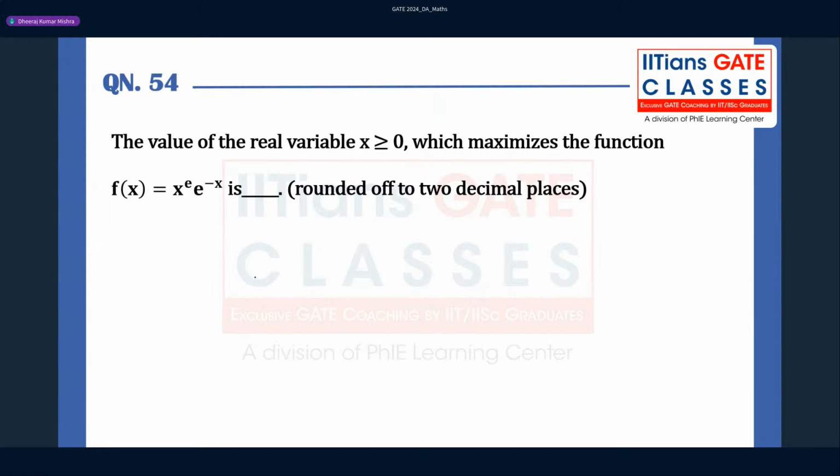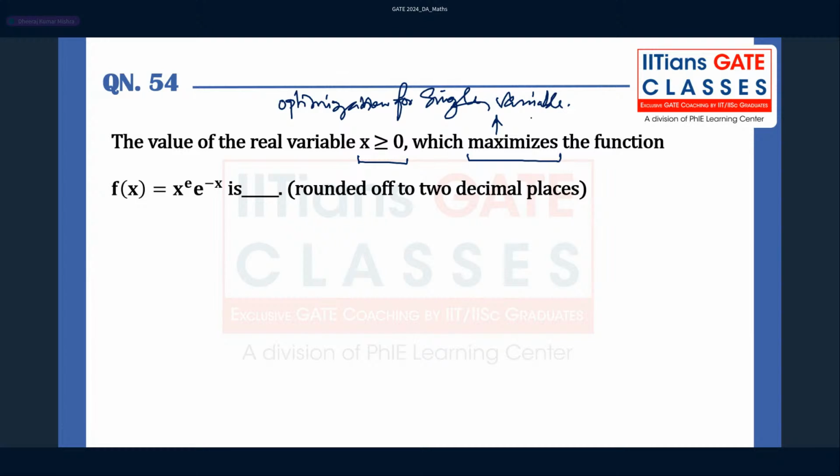One of the very good questions: find the value of real variable x greater than 0 which maximizes. Again, they have given the word maximizes. This question is from optimization for a single variable.